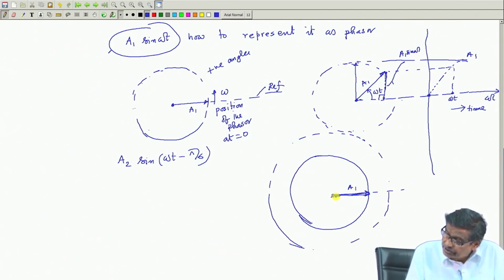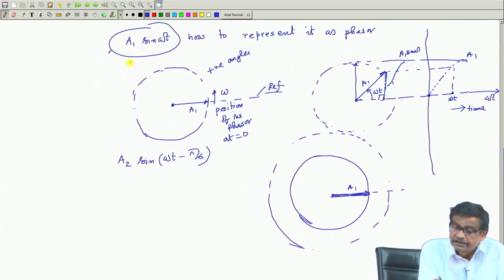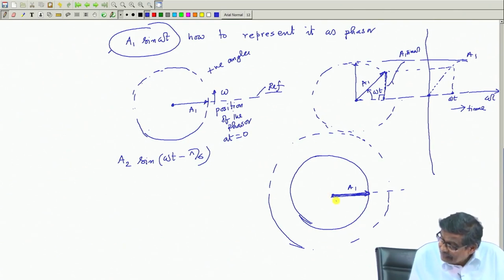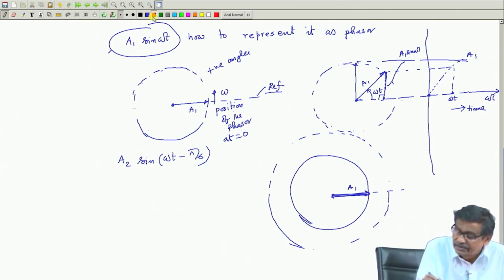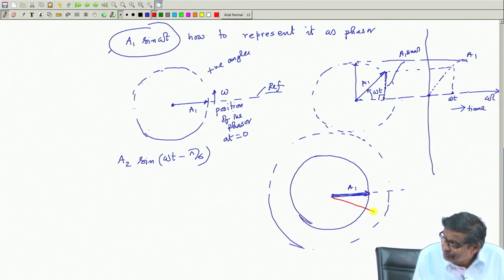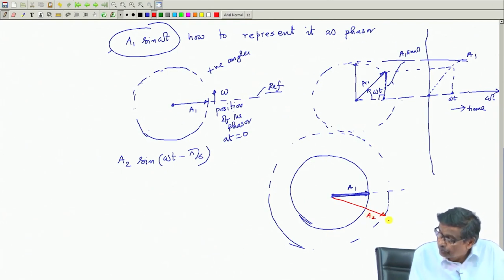So, this is the position of this vector A1 sin omega t, this phasor, and at that time this was the position of this vector A2. And both of them are moving with a speed omega.